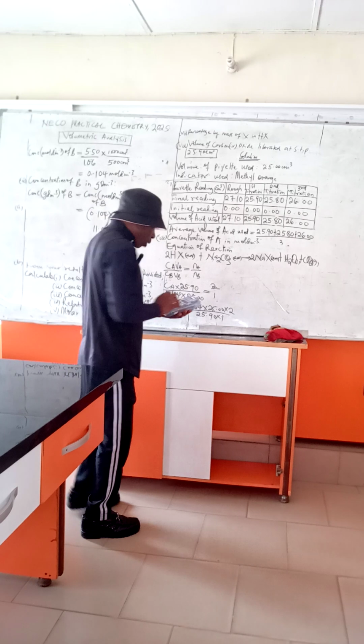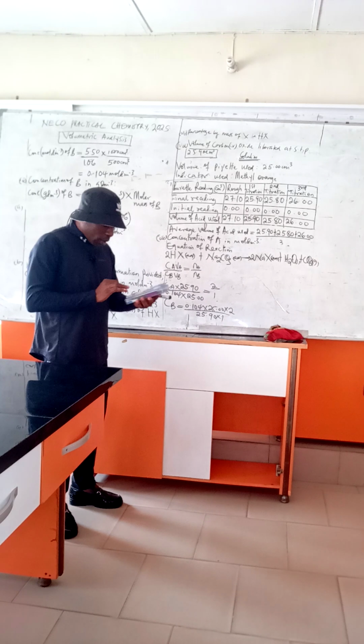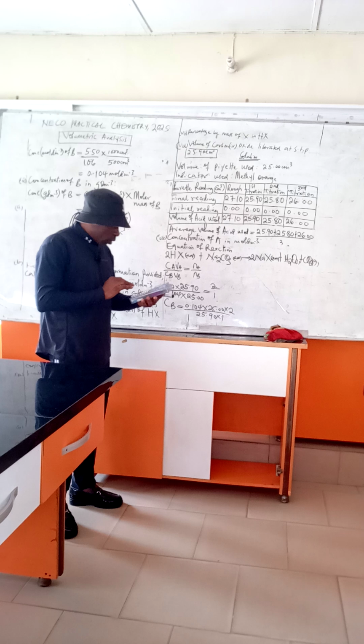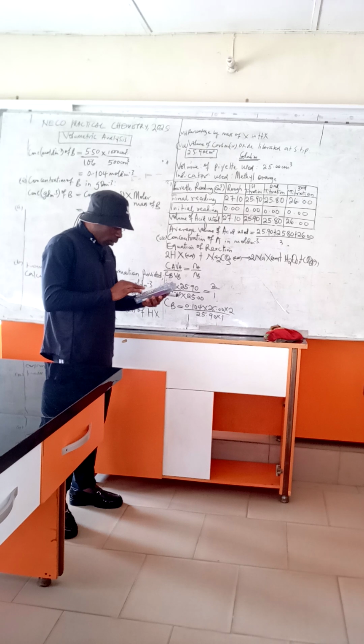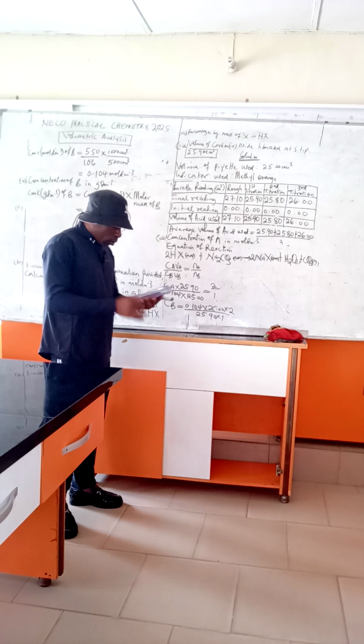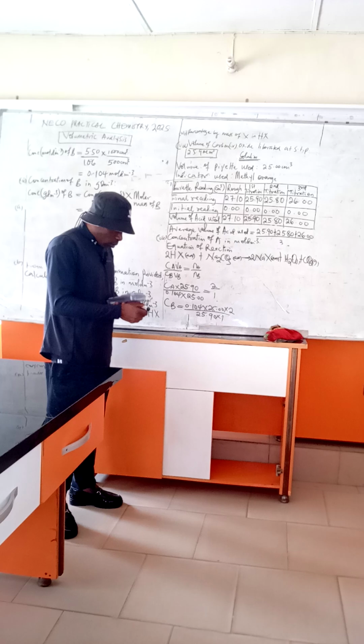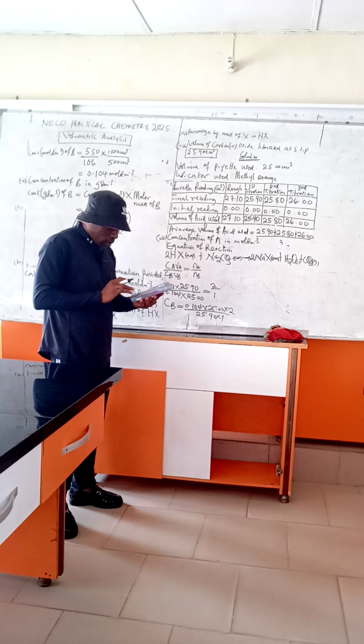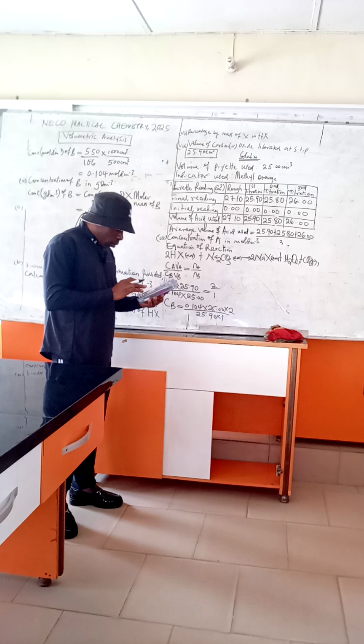If you punch your calculator very well, we have 0.104 times 25.00 times 2, all divided by 25.90.